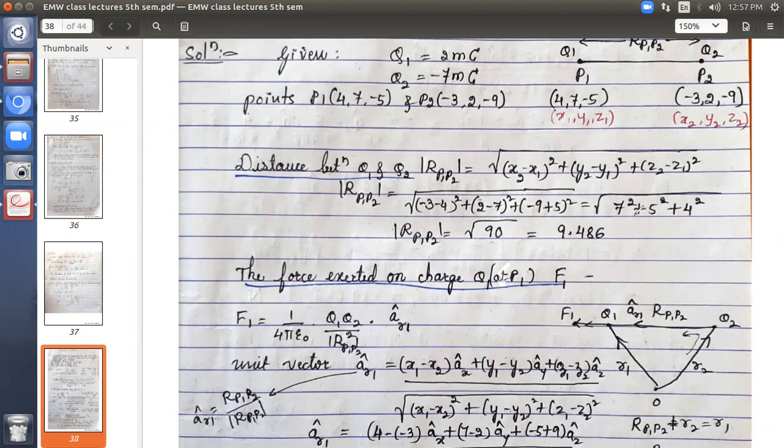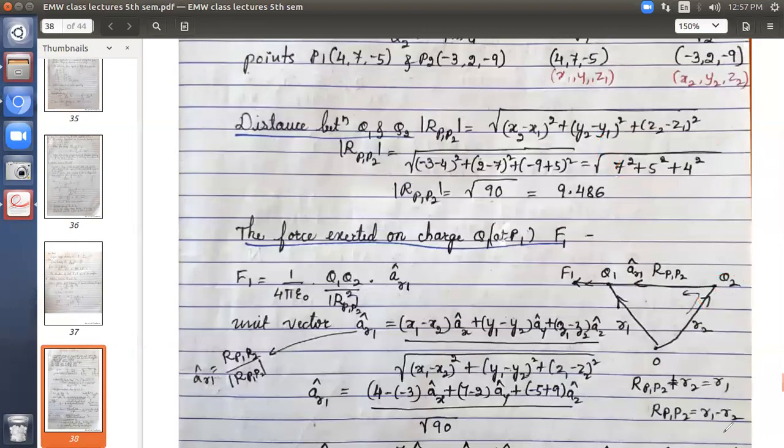Remember, when the suffix says it is R1 minus R2, it means you have to subtract like this. Suppose in the next course you come across R2 minus R1. That time you should subtract the points in the opposite way. Suffixes are very important.